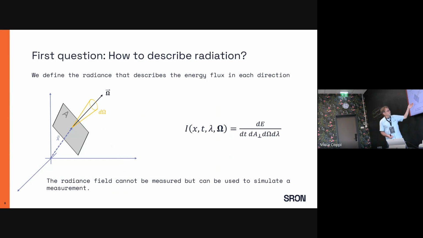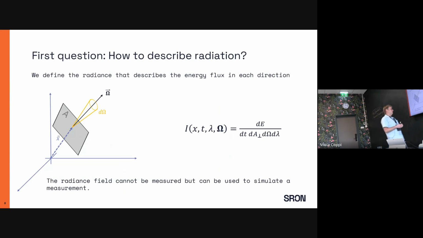So it's a function at a certain position x, and we have an energy flux through that surface A, of light which goes in the direction omega inside a solid angle d omega. So it's nothing else than this definition here: the energy measured per time and area, that's the flux, per solid angle in a certain direction, and also limited in spectral dimension, per wavelength. So that is our field, right? And it's the corresponding quantity to the electromagnetic field in electrodynamics or the wave function in quantum theory.